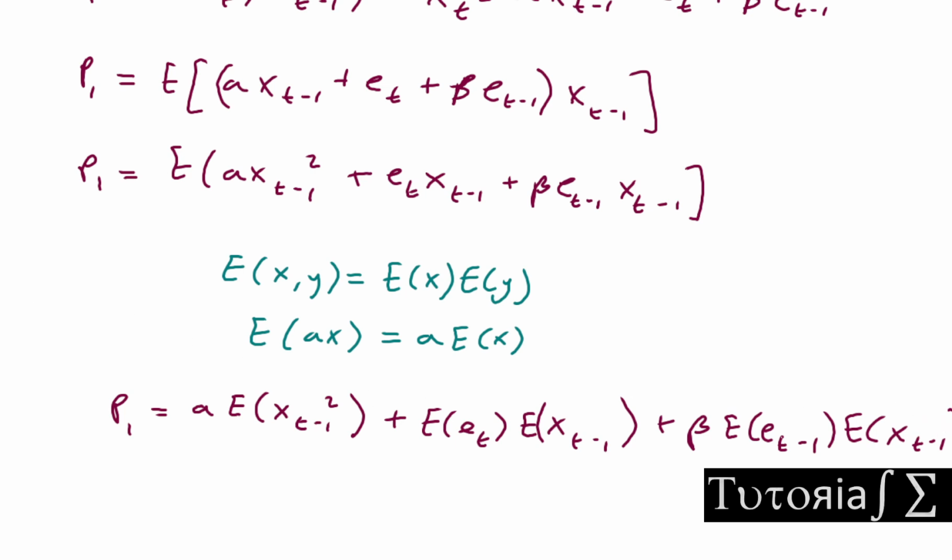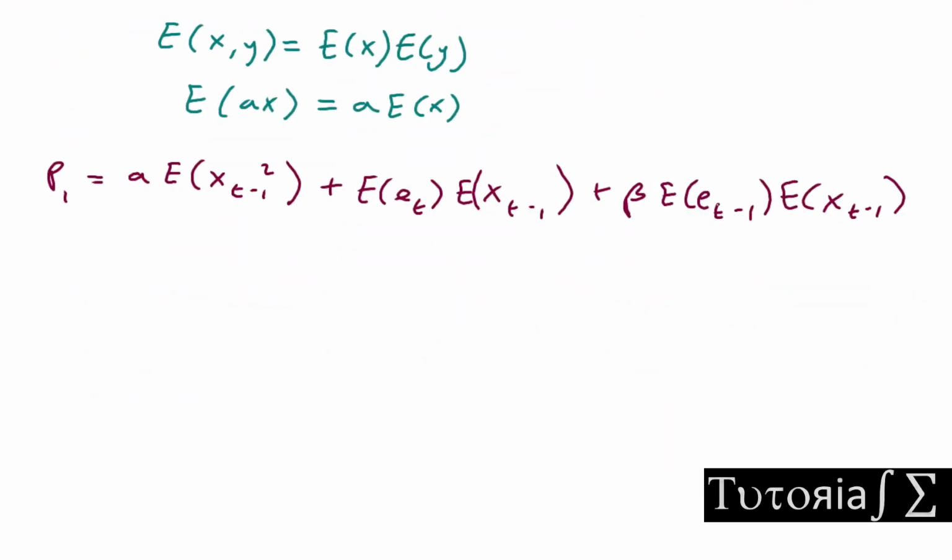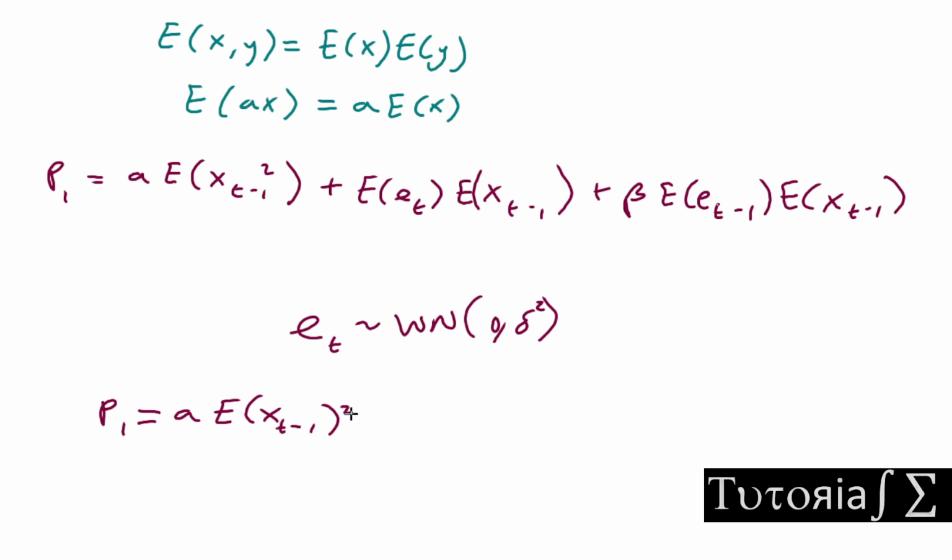All right. Now, since et is a white noise, it has mean 0 despite having a variance. So this would be 0 and this would be 0, making these parts 0, and we remain with row 1 being equal to alpha times the expectation of xt minus 1 squared, right?